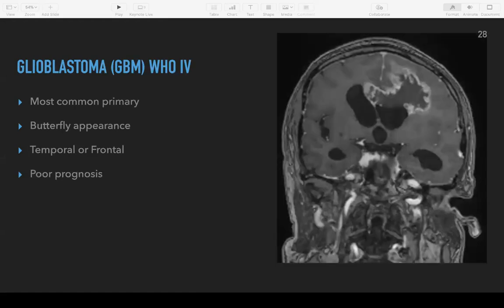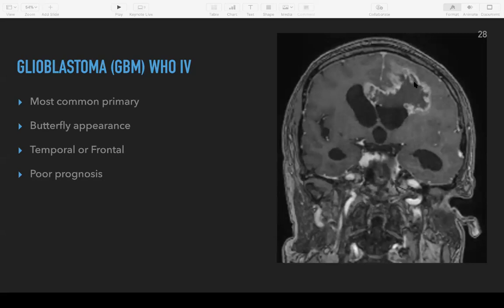The most common primary brain tumor is glioblastoma, which you will hear about a lot, GBM. According to the WHO classification, it's called glioblastoma. Unfortunately, it is WHO grade 4, which is malignant. And what we see here is what we call a butterfly appearance.